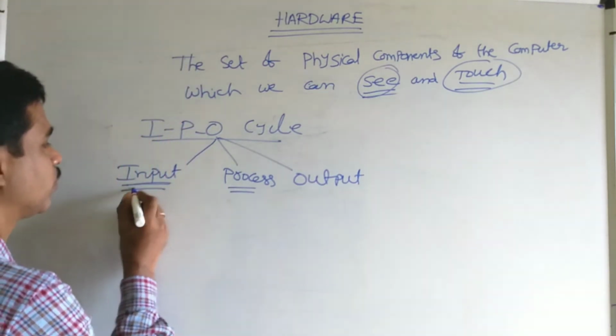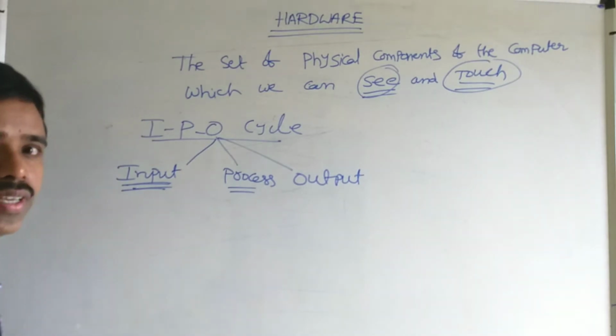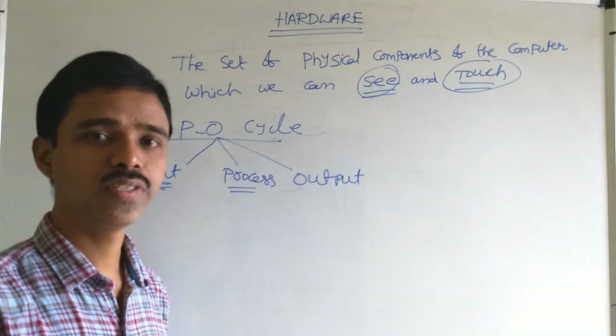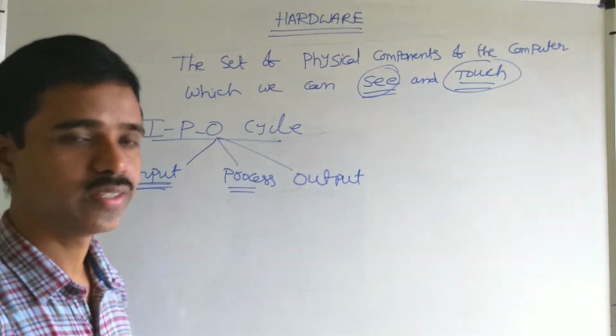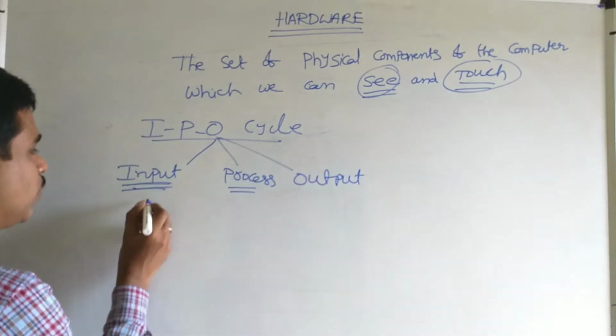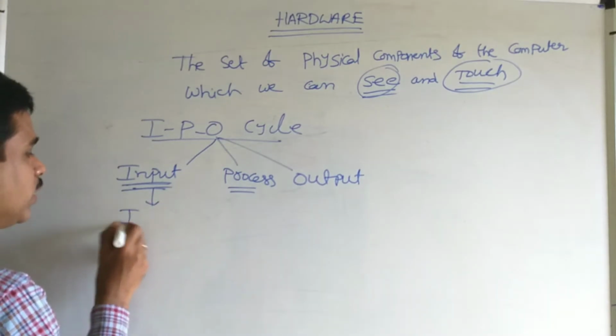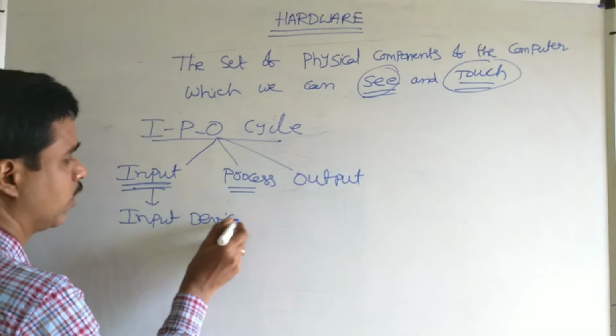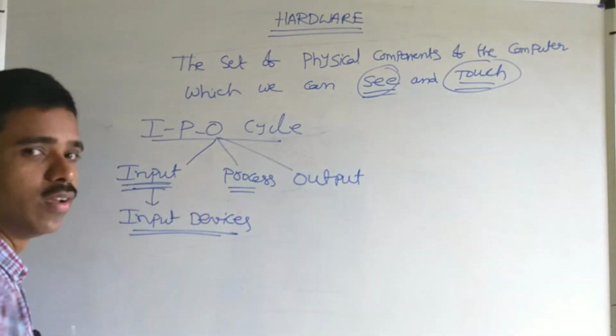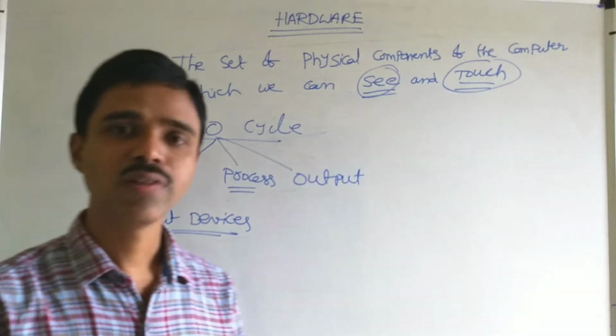Coming to the input, the devices which help us to enter the data into the computer are called input devices. So to give the input to the computer, we need a set of input devices. Input devices are all hardware components only.